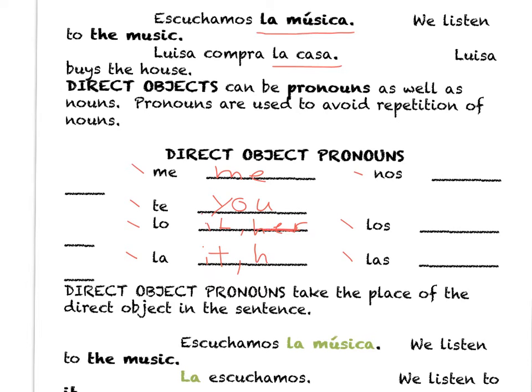This would actually be him, and this, the la, would be her. Because you gotta remember that in Spanish we have gender. On the plural side of the chart, nos would be us, los would be them, and las would also be them.